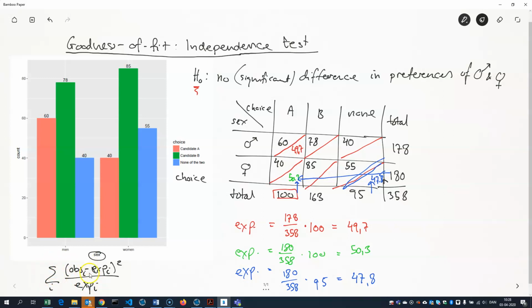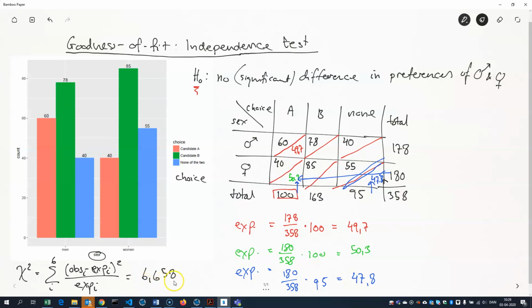I will do this for all 6 categories. You may recognize that this is actually a test statistic, the chi-squared test statistic. If we do that, we get a number, and in our case it's something like 6.658.